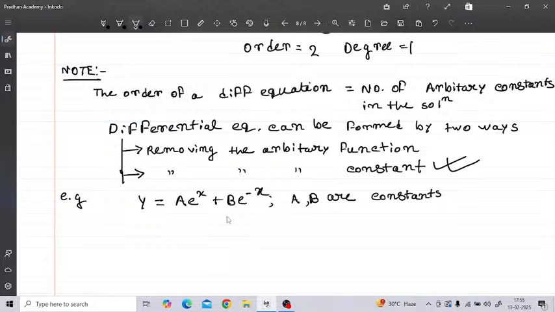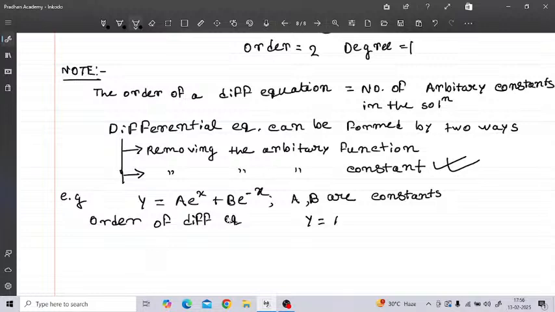Now it will be asked what is the order of this differential equation. You can see this equation doesn't involve any derivative, so it is not a differential equation, it is a solution of a differential equation. We can form a differential equation from it by removing these arbitrary constants a and b.